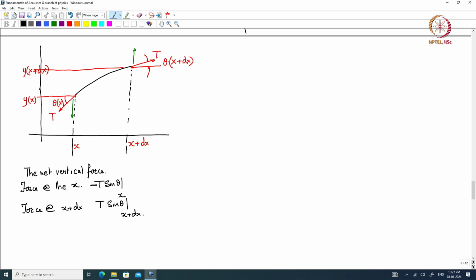Now, what we have said here is that these angles are very, very small. So sin theta can be approximated as theta.